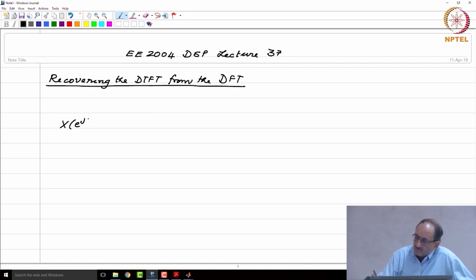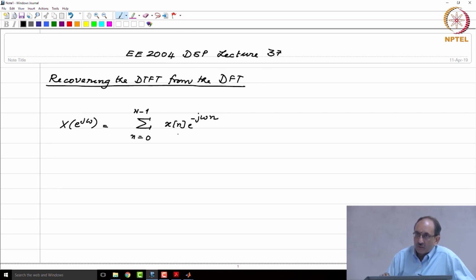So we have X(e^{jω}) equals the sum over n going from 0 to N minus 1 of x(n) e^{-jωn}. Remember, our goal here is to relate the DFT samples and the underlying X(e^{jω}).